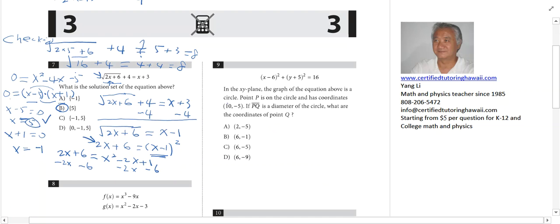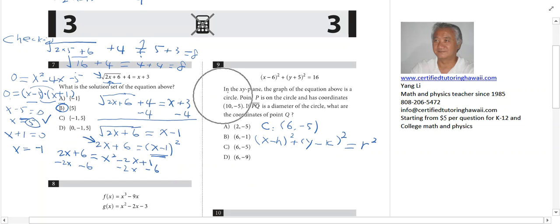Remember, from the standard form of the circle equation, we know the center of this circle will be (6, −5). That's because the standard form of the circle is (x − h)² + (y − k)² = r².